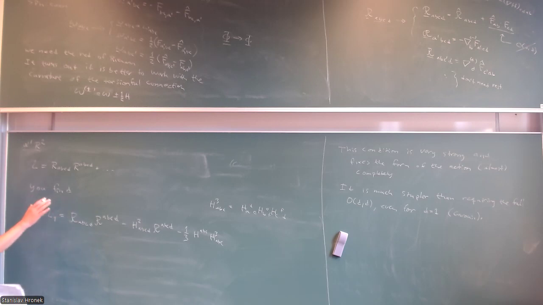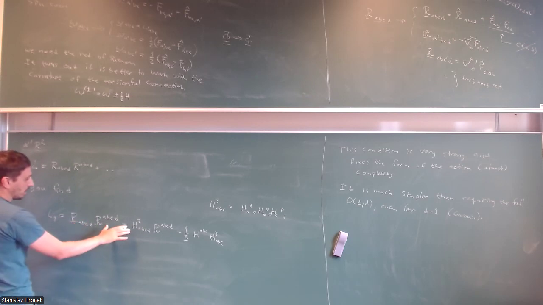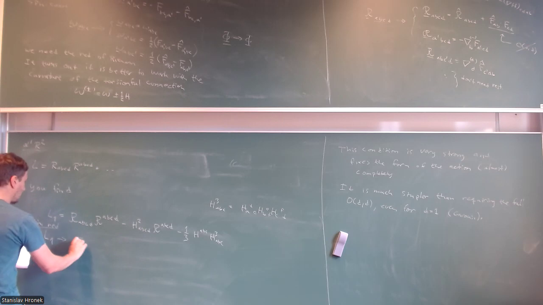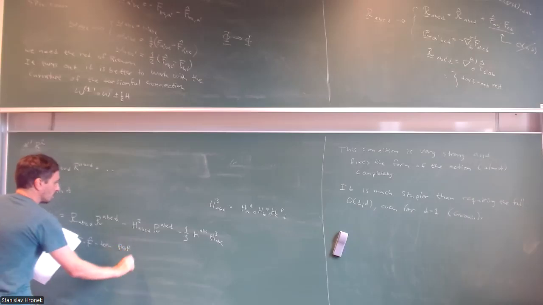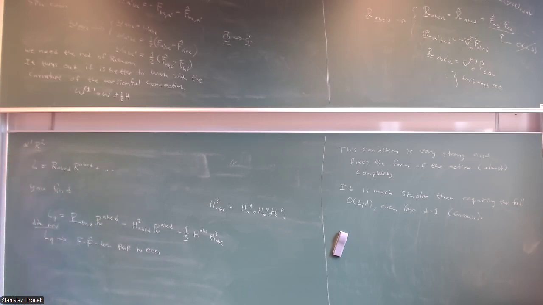Now the point is, it's not that the reduction just gives you no O(d,d) violating terms. What it gives you is some O(d,d) violating terms, but they're proportional to the equations of motion.